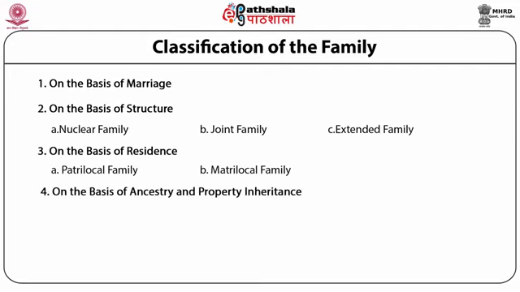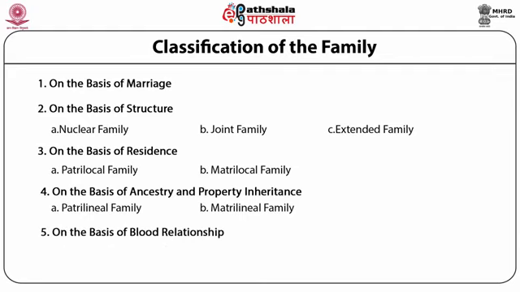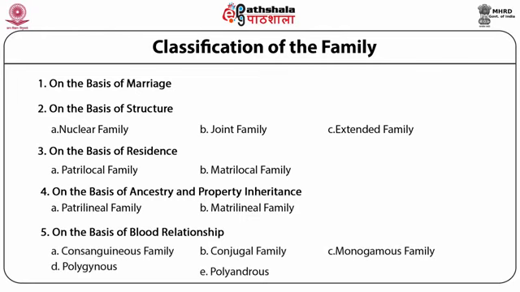On the basis of ancestry and property inheritance, family can be divided into two types, patrilineal family and matrilineal family. Whereas on the basis of blood relationship, family can be classified into consanguineous family and conjugal family.